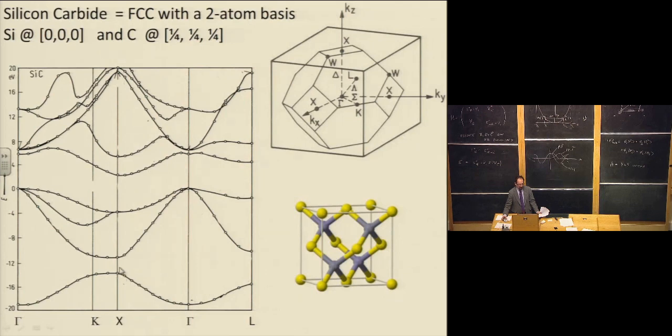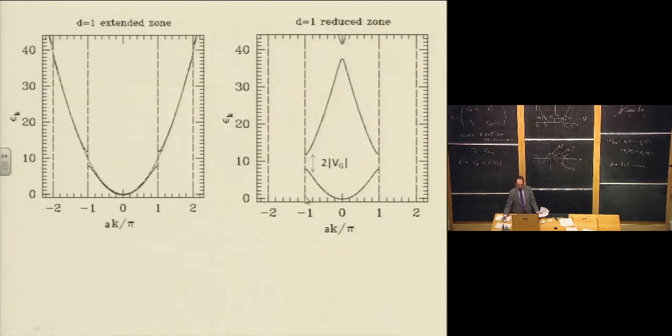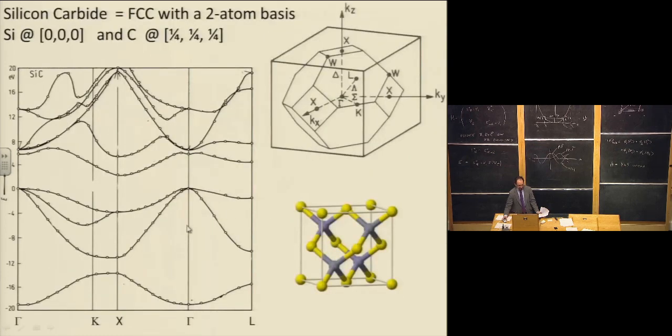And when you get to the Brillouin zone boundary, there's a gap opening up, and this is the second half of the parabola going up, just like the second half of the parabola is here. And you could go off in another direction, so going from gamma out to the L point, again you have a parabola, and then a slightly bigger gap in the L direction, and here's the second half of the parabola. Okay, so it's basically the free electron model.